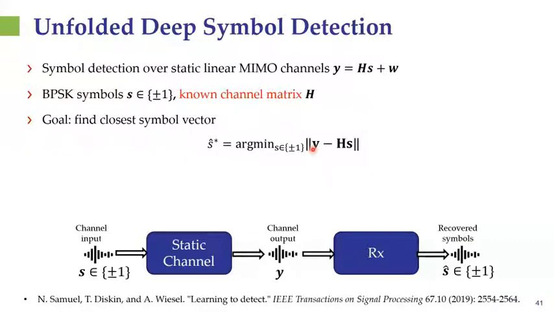Unfortunately, when the dimensions of s are large, namely we have a large number of transmit antennas or a large number of transmitters, this optimization problem becomes computationally infeasible, as the set over which we are carrying out our search grows exponentially with the dimensionality of this vector s.